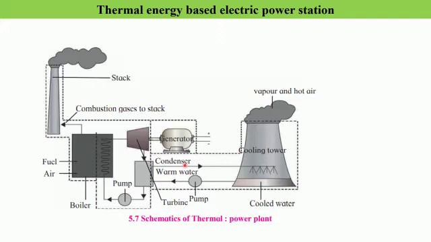Now, this heat that is absorbed by water is released to the atmosphere in the form of vapor and hot air, and these two are let out through the cooling tower. So this is the process that is taking place at a thermal power plant in order to produce electrical energy from heat energy that is obtained by heating water using coal as its fuel.